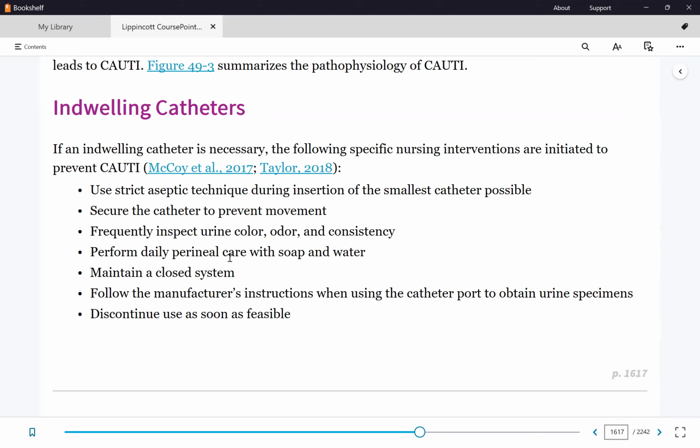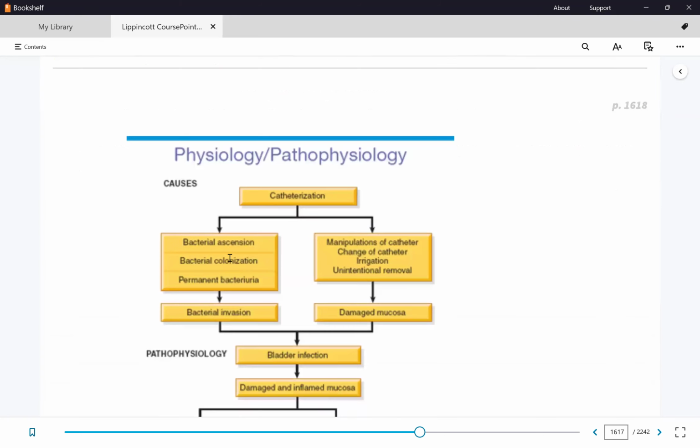For suprapubic, does everybody know what he's talking about? Okay, so for some people with chronic Foleys, the doctor may suggest to the patient and the family to have a suprapubic catheter instead. This has many advantages because now you don't have anything hanging from the urethra, especially if the patient is male, okay?